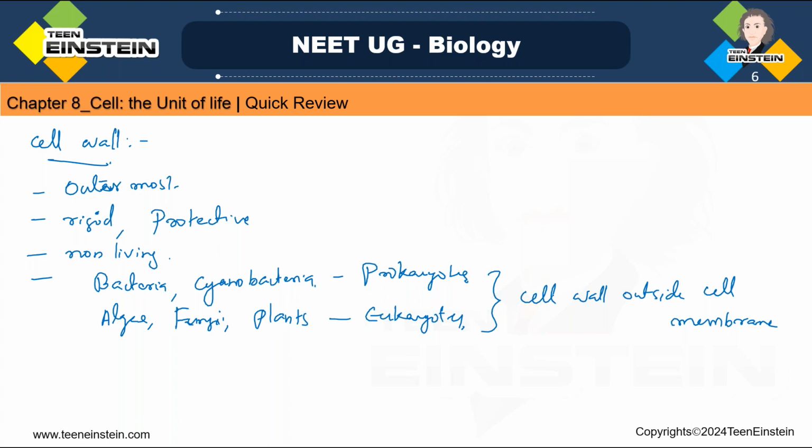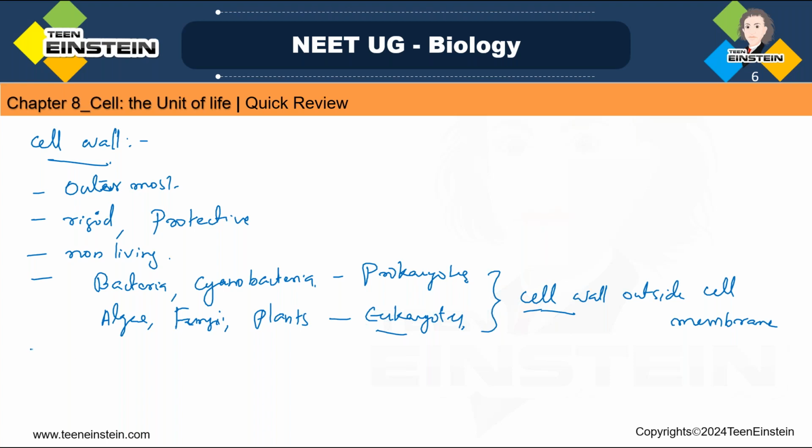Outer to that cell membrane, there will be an extra structure, the cell wall, for bacteria, cyanobacteria, algae, fungi, plants. Bacteria and cyanobacteria are prokaryotes, and in those the cell wall is present. And algae, fungi, and plants, which are eukaryotes, also have a cell wall, outer to the cell membrane.